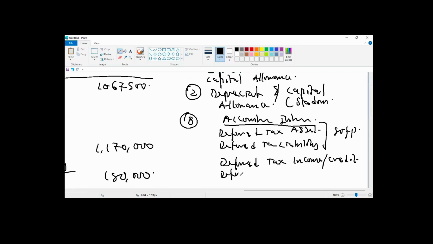You are talking about deferred tax expense, charge, or income or credit. Expense. What are we talking about? This is what we just did this night. That's what you go and learn.